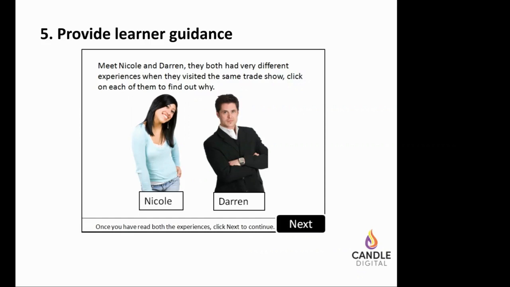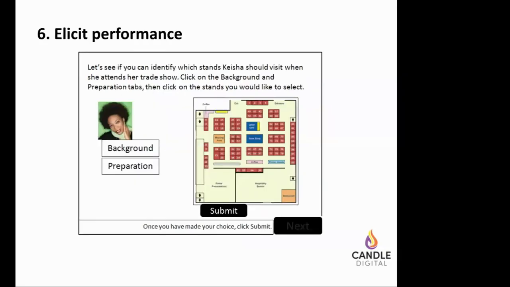Brilliant. So what we've got here is a little exercise that just elicits performance. Now, this is not a test in the sense that it's not judged. It doesn't go to any marks or anything. All you're saying is which stands should Keisha visit when she attends.